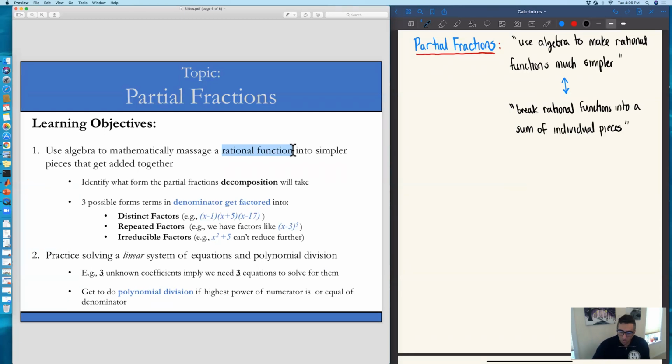And where to begin, what is a rational function? So a rational function is actually just a polynomial function all over another polynomial. So in general, it's any function that looks like f of x is equal to some polynomial over another polynomial.